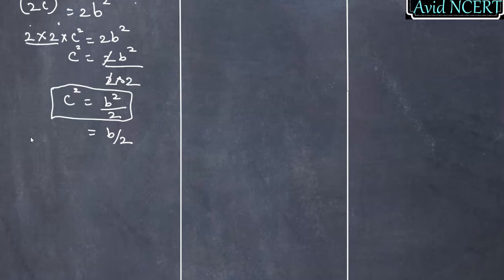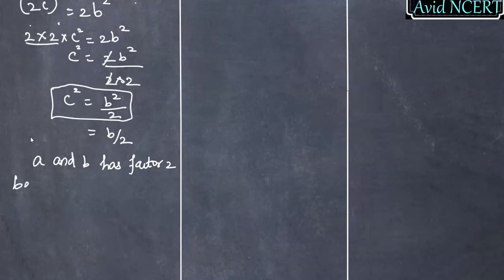So from this we know that both a and b have a factor 2, because 2 divides both a and b.